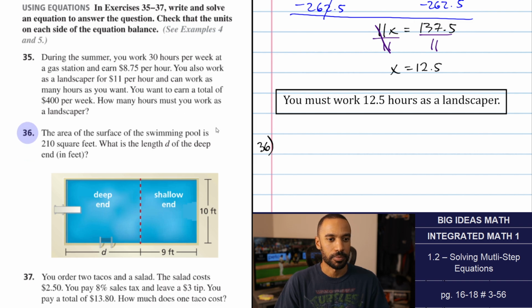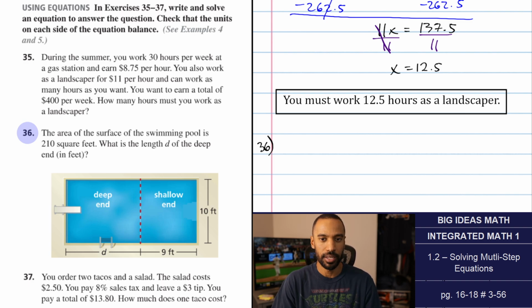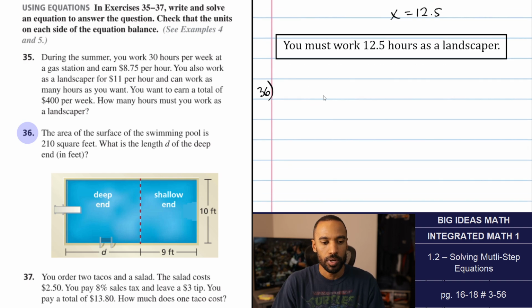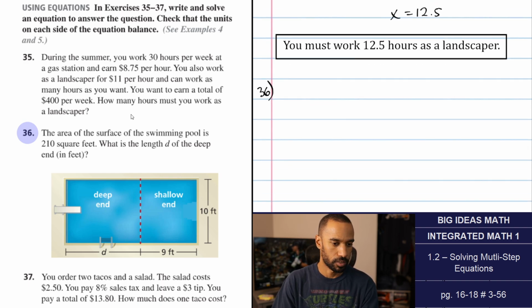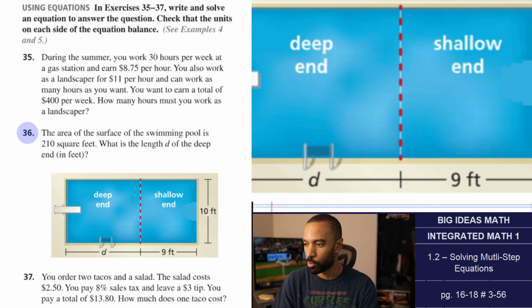Number 36. The area of the surface of the swimming pool is 210 square feet. So this whole 210 square feet is length times width. What is the length D of the deep end in feet? Okay, when you look at this swimming pool, let me copy and paste this diagram over.